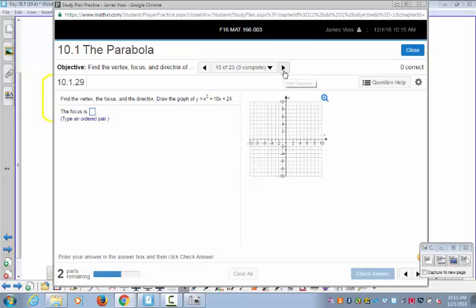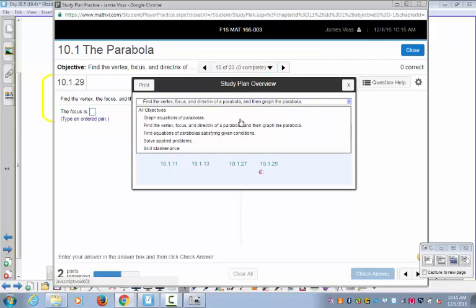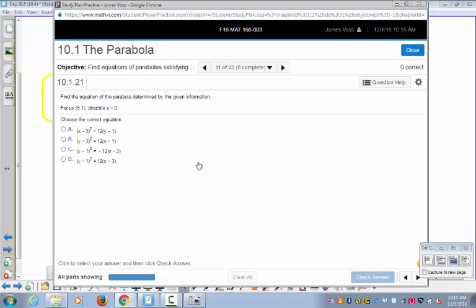Find the vertex, focus. This is what I want. That one, number 21. Okay, so you guys work on this one.